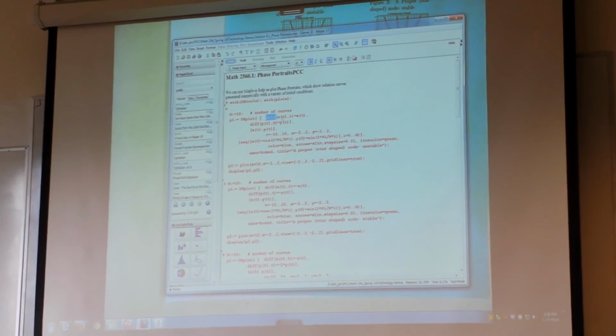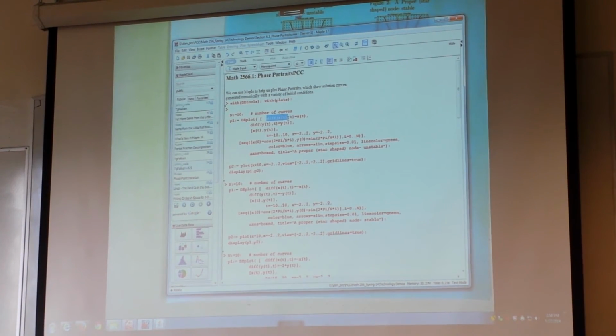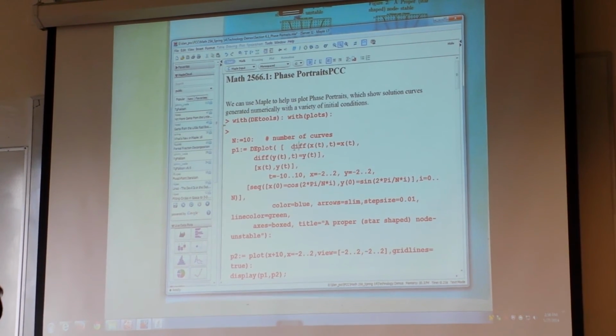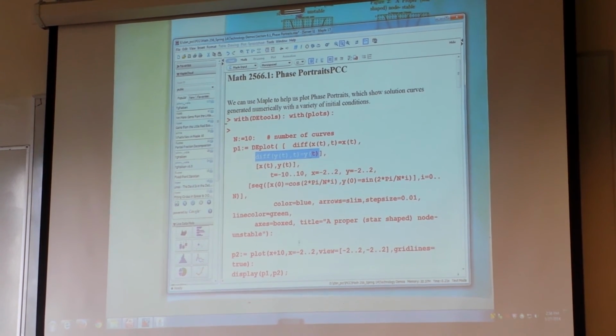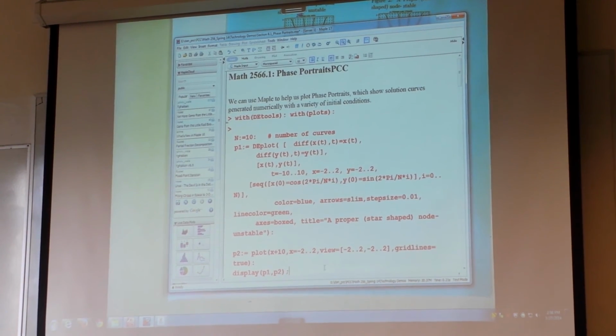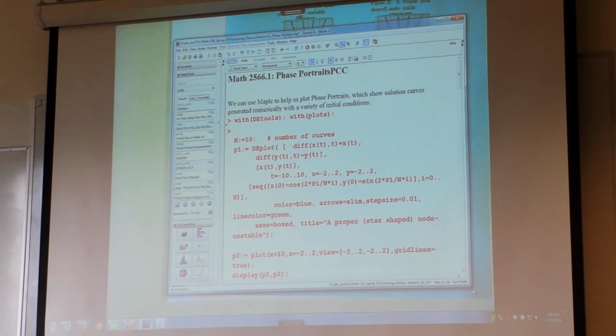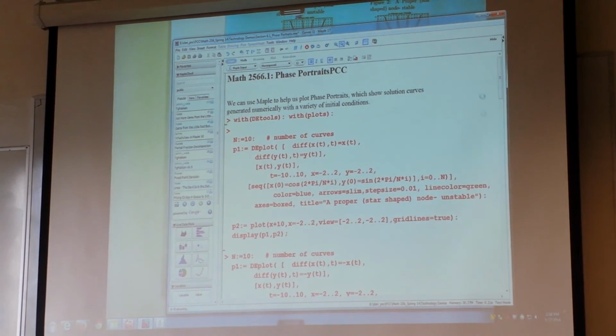The first differential equation, x prime of t, that's diff. So x prime equals x. The second equation, the derivative of y with respect to t is y of t, so y prime equals y. If you go down here and hit enter with the semicolon, it thinks for a bit.